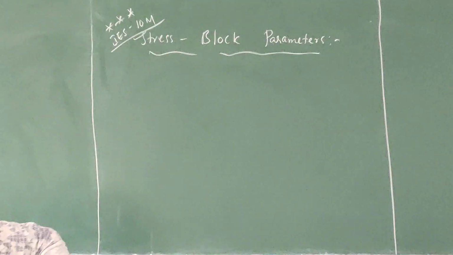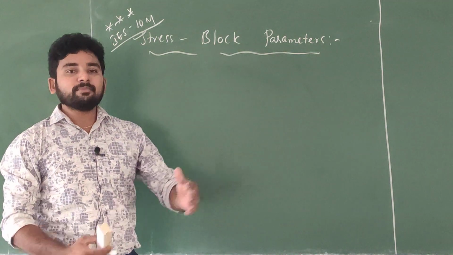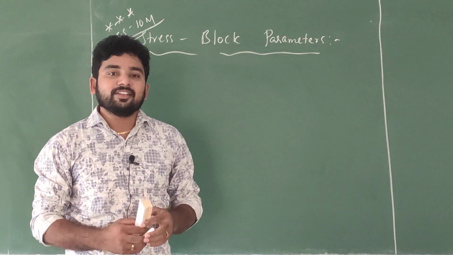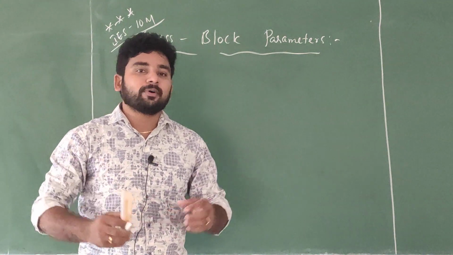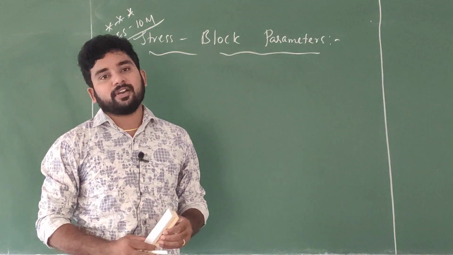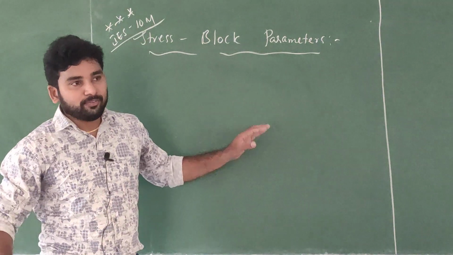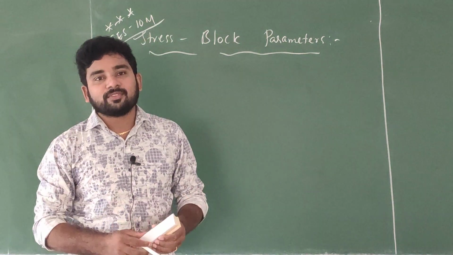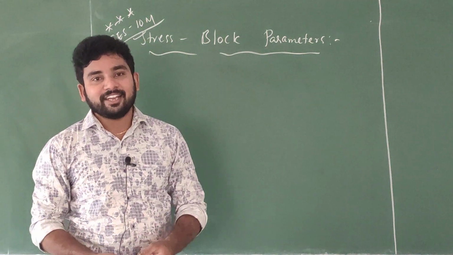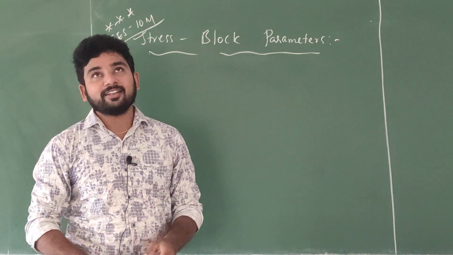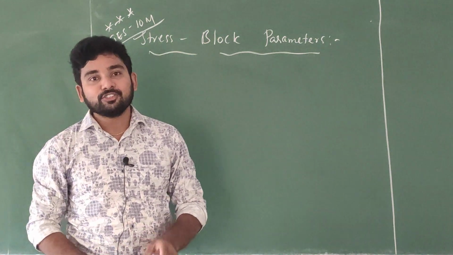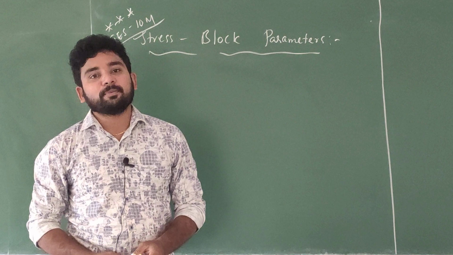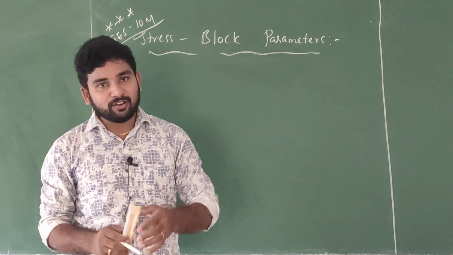The next assumption is that the ultimate strain in concrete is 0.0035. Before entering into this derivation, take one hacksaw blade and cut the beam and look at it from one side, either left or right.